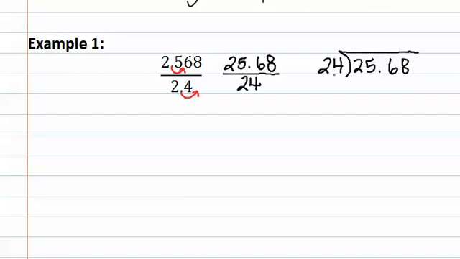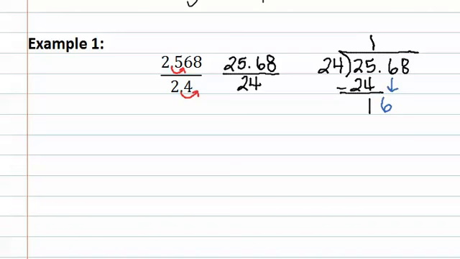We ask, how many times does 24 go into 25? This answer is 1. 1 times 24 is 24. We now subtract, giving us a 1. Now we must do just as we did with whole numbers and bring the next number down. This gives us 16.